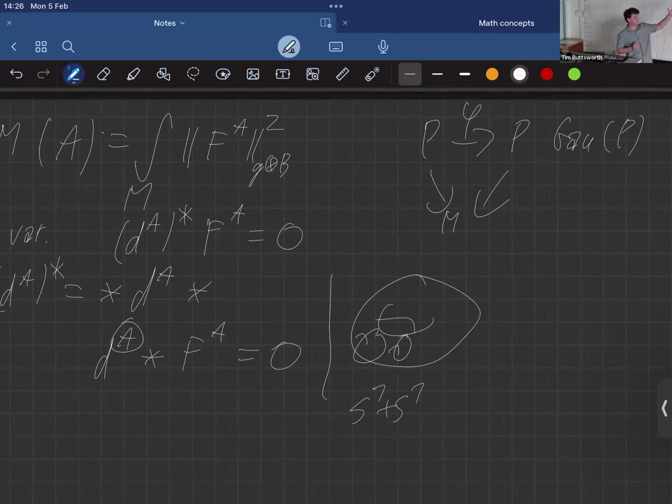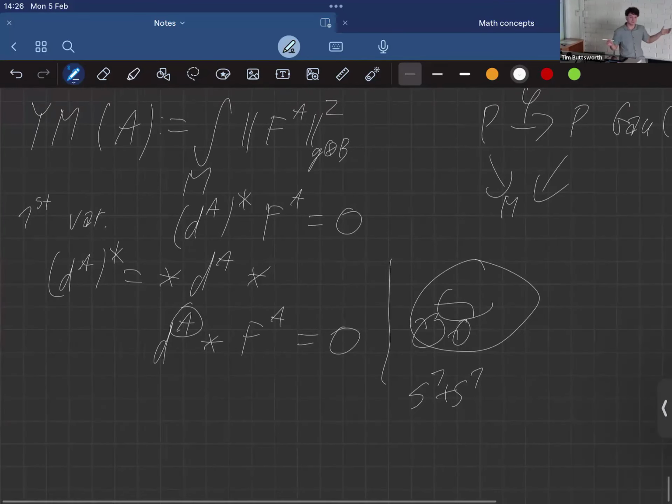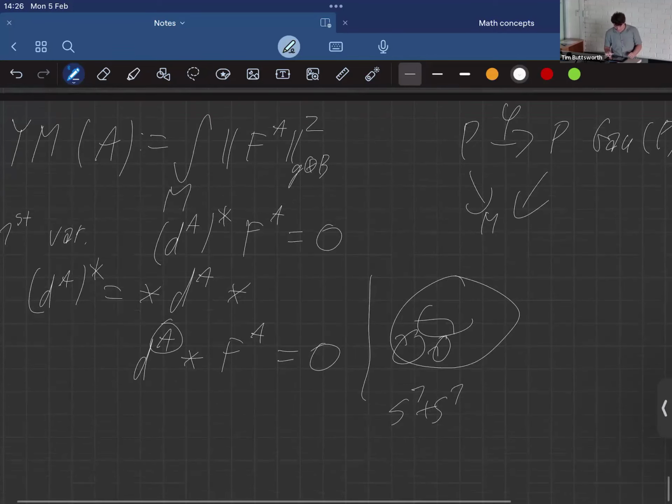This gauge group is infinite dimensional, and it doesn't change the functional, which means we have a big kernel in our equation, which means it's not elliptic. Another point why it's quite difficult.